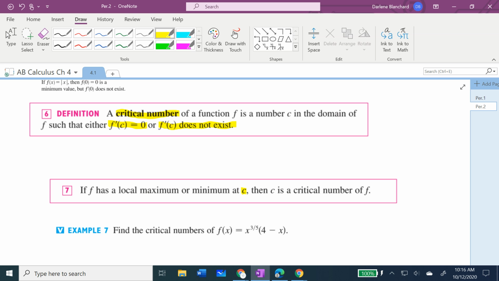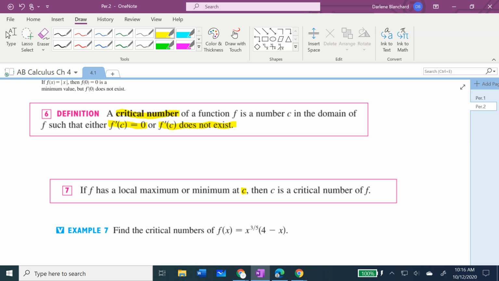It absolutely does mean that. Now, just because you know C is a critical number, that does not make it a local maximum or minimum. But if you know something is a local maximum or minimum, you can definitely say it is a critical number. And these are the tiny things that the AP test will ask you in multiple choice that you've got to know well.